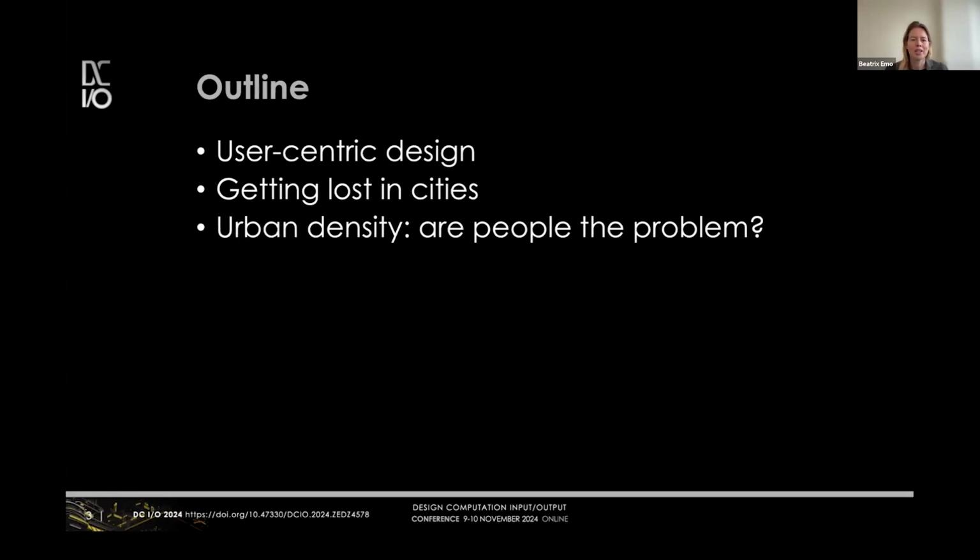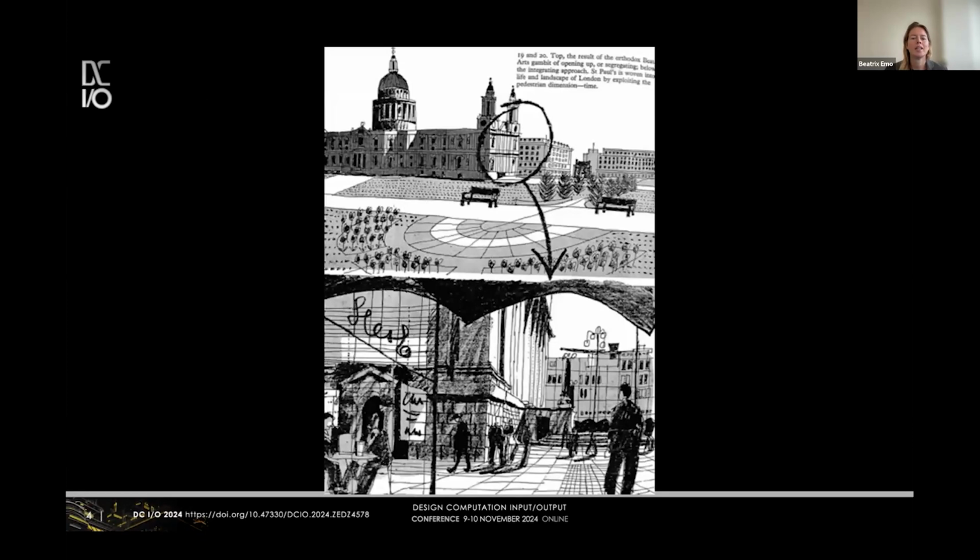I'm going to start to talk a little bit about user-centric design and what I think spatial cognition can add to that. And this was an image that I'm sure most of you know. It's from Gordon Cullen's Townscape, 1961, and it really exemplifies why I pursue this line of research, which is there are many architects who design urban townscapes, spaces from bird's eye perspective and care a lot about what it looks like from the top down.